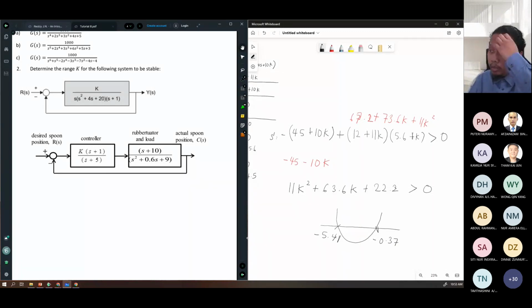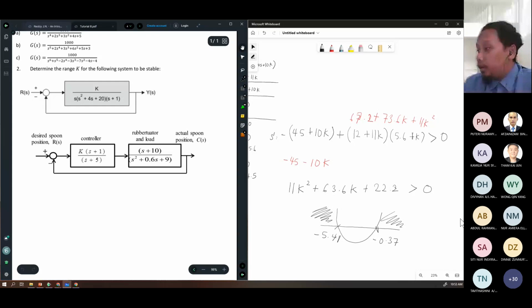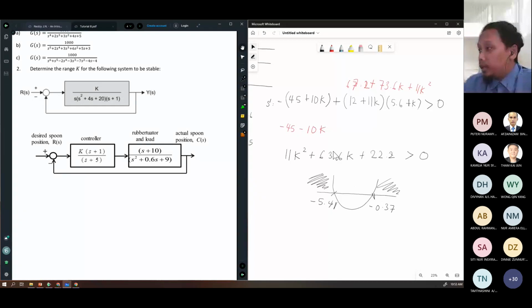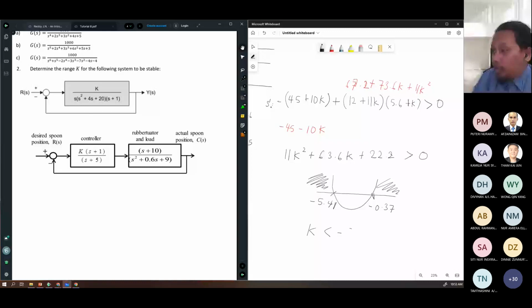Okay, so we want it to be positive, meaning that we take the top part here. So the range of K for this row S1 will be K less than negative 5.41 or K bigger than negative 0.37.